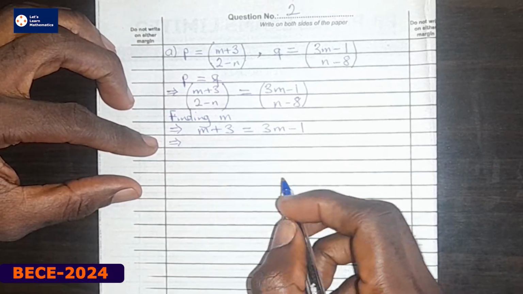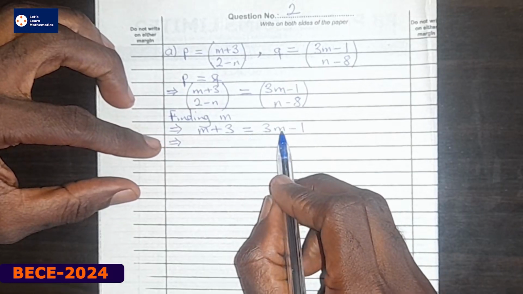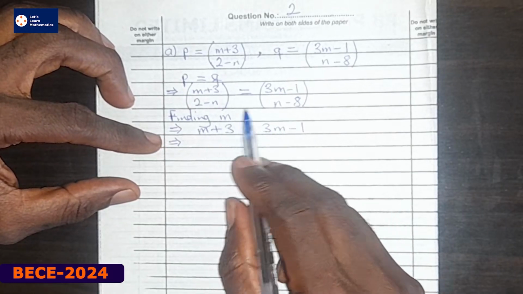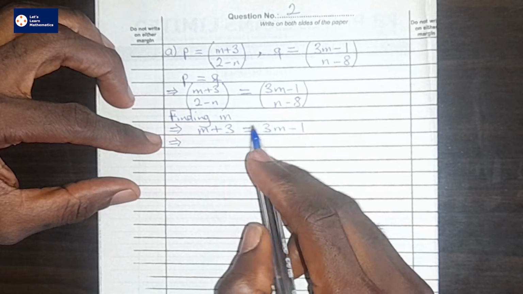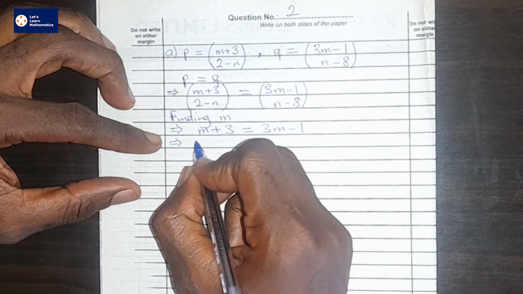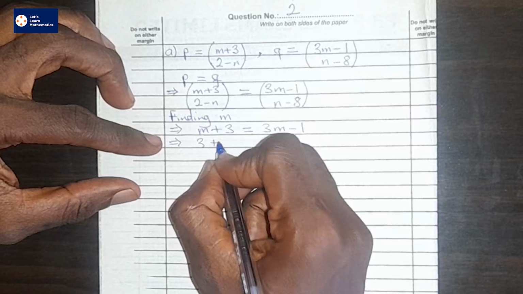So you can simplify this further. You can group like terms. I see 3m here, so I'll bring the m to this side, then I'll take the negative 1 to the left hand side. So 3, this is negative 1, so when it crosses the equal to sign, it becomes positive.